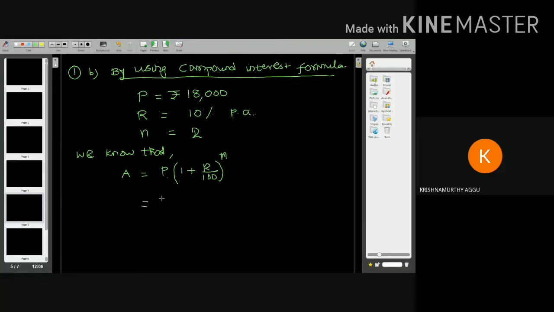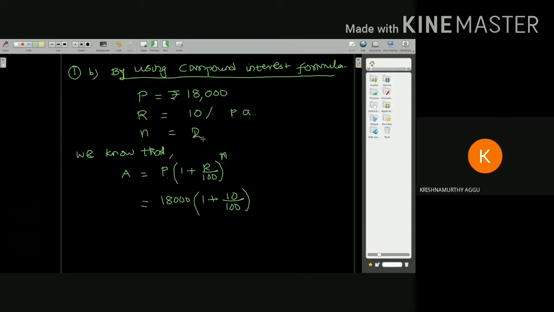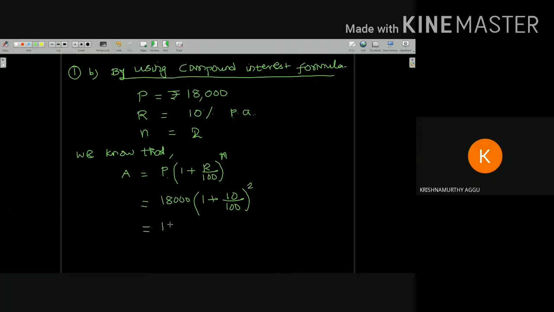Principal is 18,000 rupees into (1 plus 10 divided by 100) whole to the power of n. Here n is 2, so we substitute n as 2. 18,000 into, we can cancel 1 by 10, so 1 plus 1 by 10 is 10 plus 1, that is (11 by 10) whole squared.